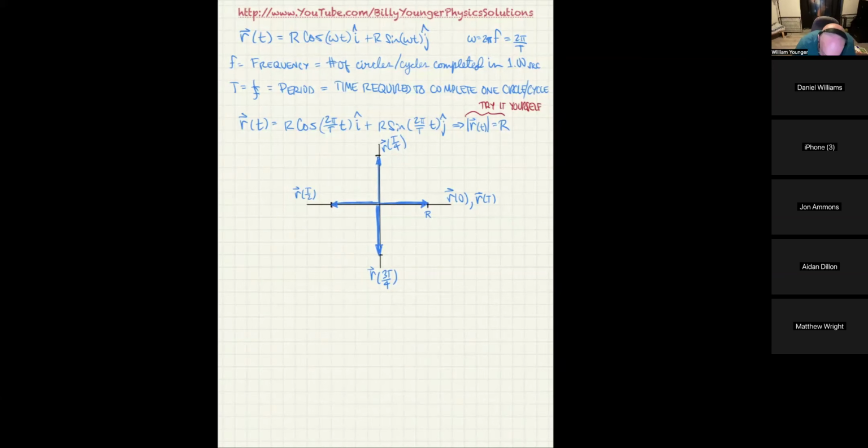And let's see if I can actually draw it correctly. I'm going to draw it in black. There you go. Not too bad. Let's see if I can move this just a little bit. Looks like that's pretty good.